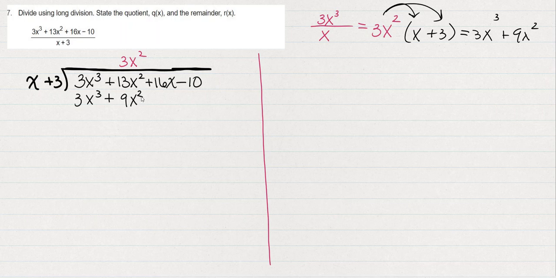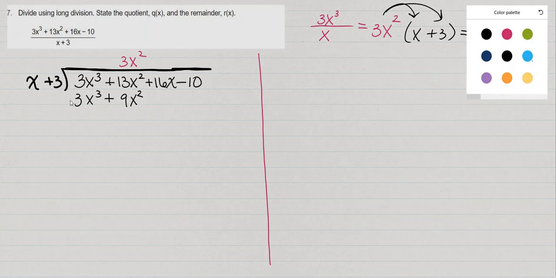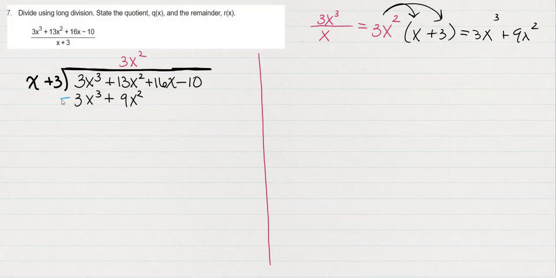Now pay attention to what's going to happen next, because if you recall, the next step is to subtract. I've got to subtract the 3x cubed and subtract the 9x squared. And subtracting the 9x squared tends to be a common mistake. You want to make sure you're distributing that negative to both the 3x cubed and the 9x squared.